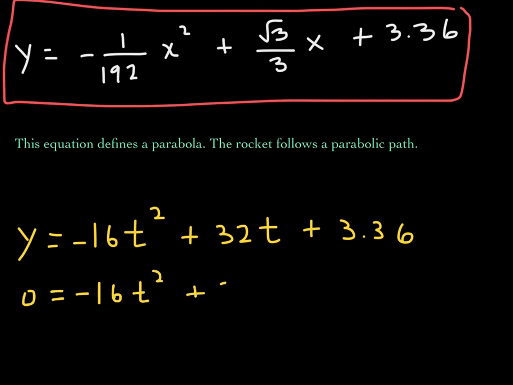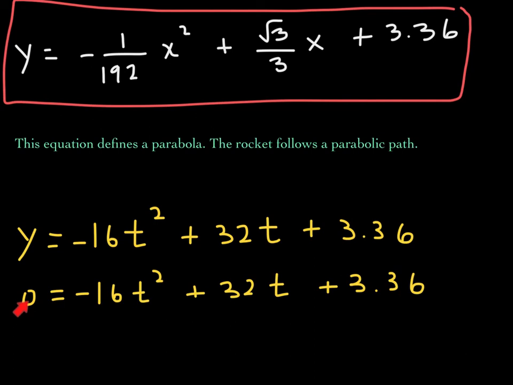Because if y is 0, then we're talking about the rocket at ground level. Remember, the y variable represents the vertical position of the rocket. So if we want the total flight time, we need to determine the positive value for t, for which y equal to 0 corresponds to the rocket at ground level.